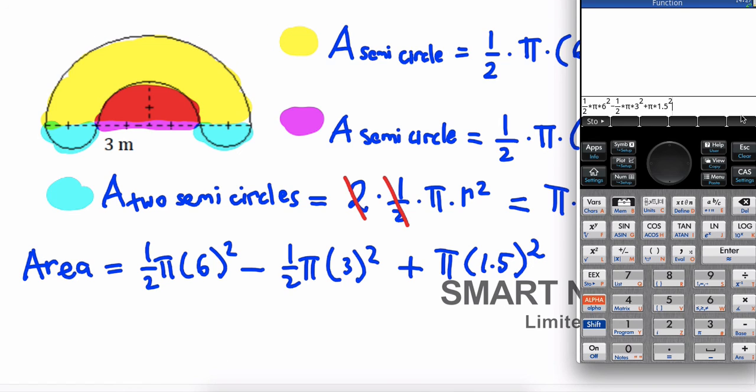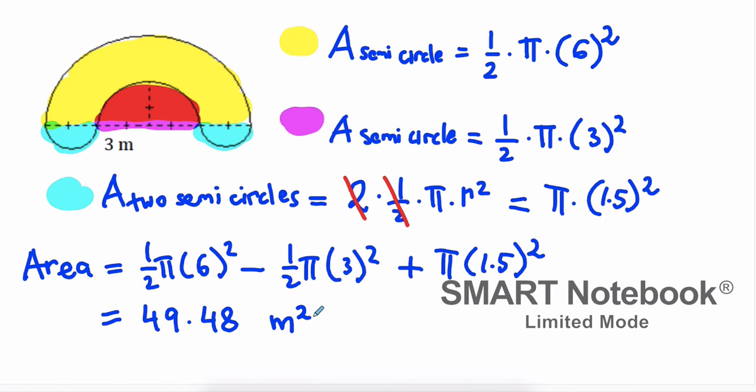We are going to enter everything in one go in our calculator now. You see here a half times pi times 6 squared, subtracted by a half times pi times 3 squared, and then add on pi times 1.5 squared, all in one go. Then we will get 49.48 to 2 decimal places, or you can also say it's 49 to the nearest whole number.